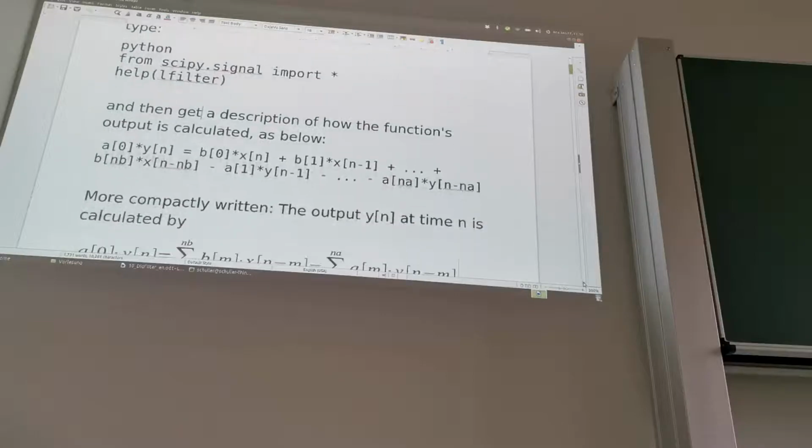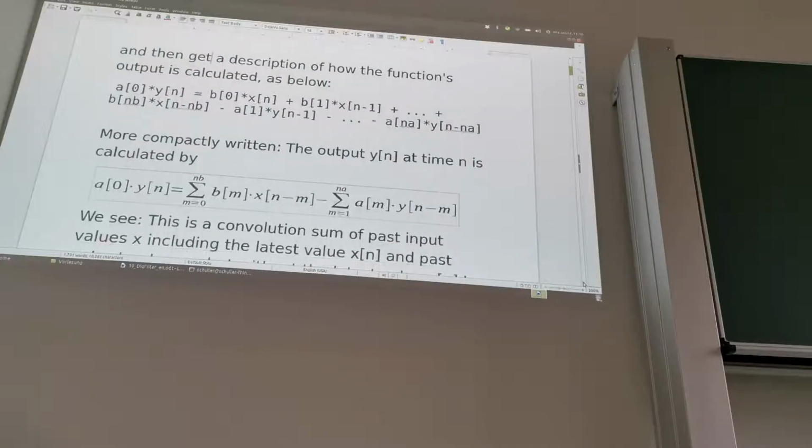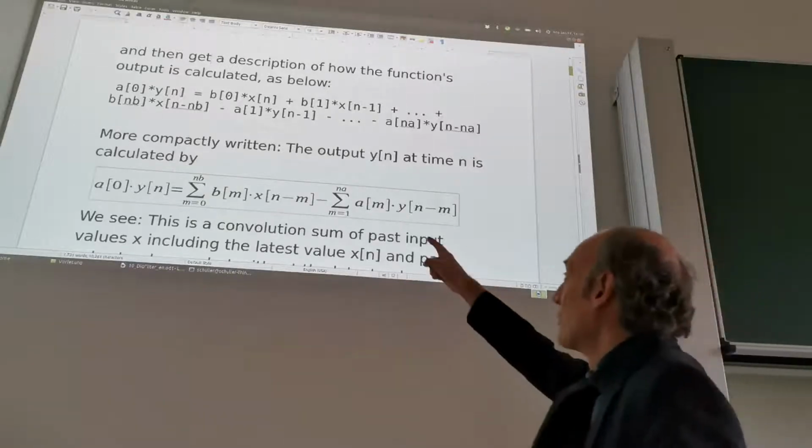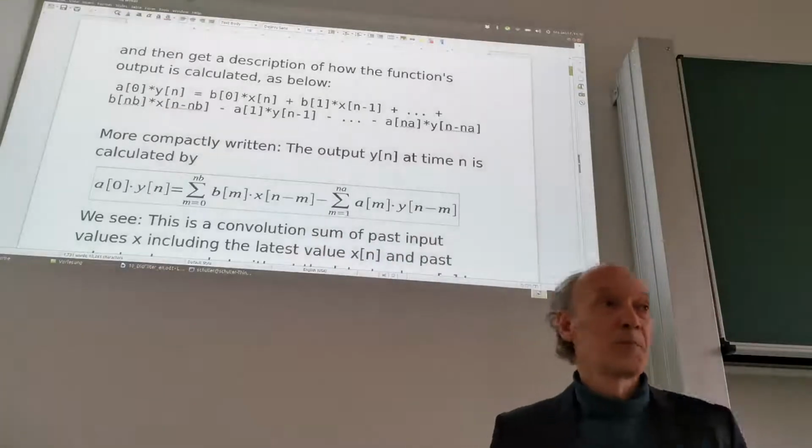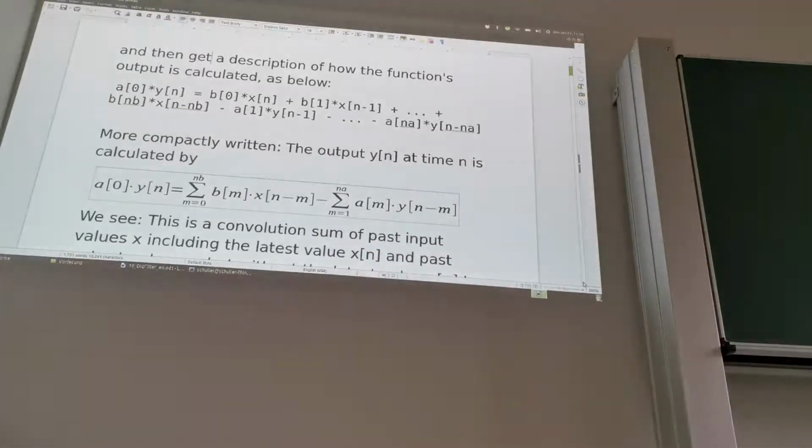It's also here in the script. I just took this equation from the help function and put it here, and then translated it into a mathematical notation using those sum symbols. It's the same thing, but just using a slightly different notation.